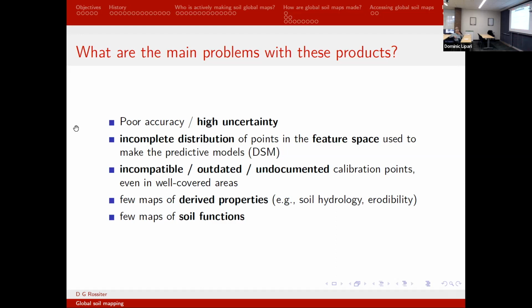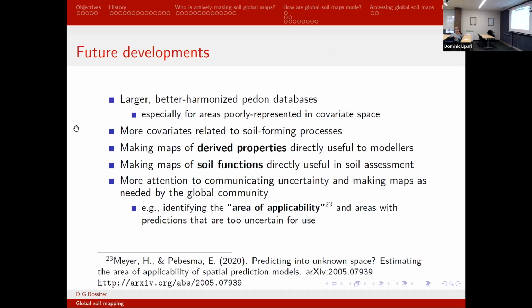We're now working on the derived properties of soil functions. These are the future developments. What we really want is more covariates that are more related to soil formation. We'd really like to work on properties that are more useful directly to you. So instead of saying sand, silt, and clay, what's the hydraulic conductivity?